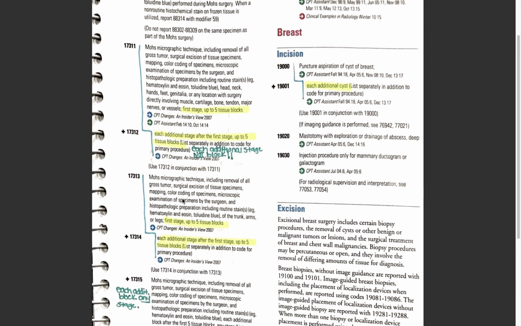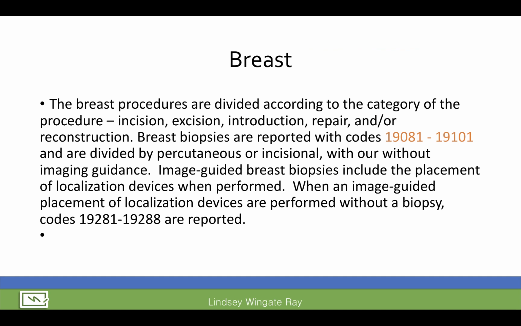So if we were doing a Mohs surgery where they had 3 stages, and each stage had 5 tissue blocks or less, except for the third stage, which had 6 tissue blocks, you would code 17311 for the first stage, 17312 for the second stage, 17312 for the third stage, and since the third stage had 6 tissue blocks, you would code 17315 for the 6th tissue block.